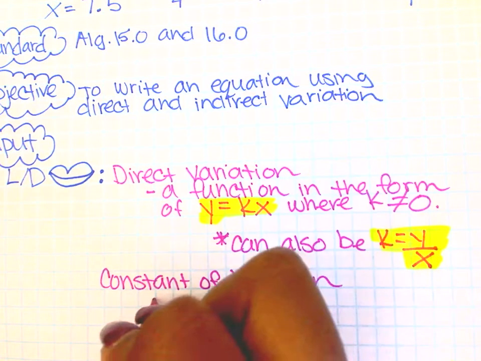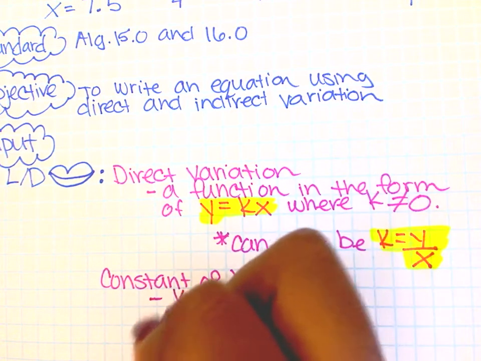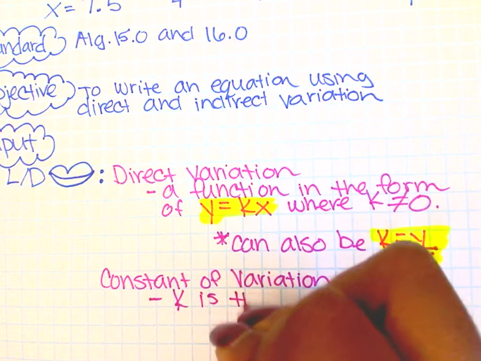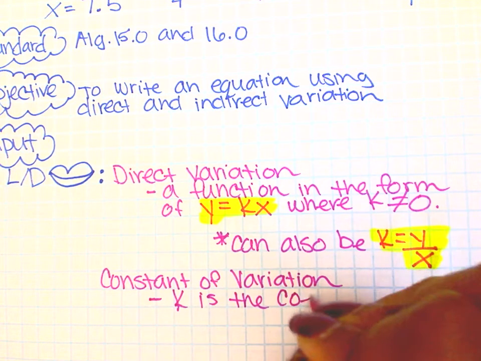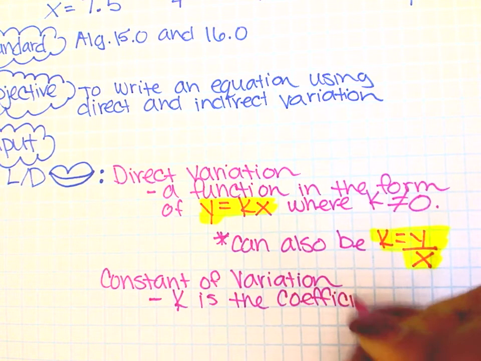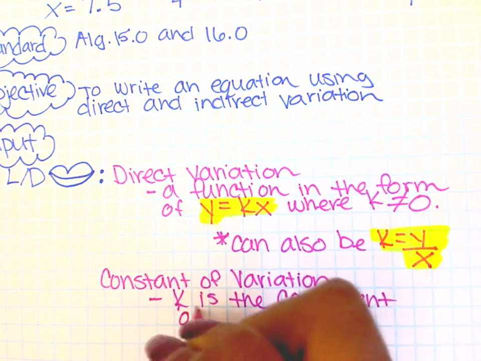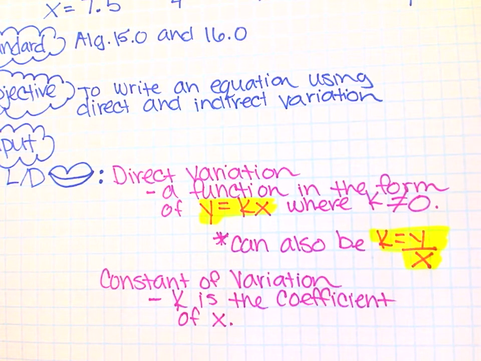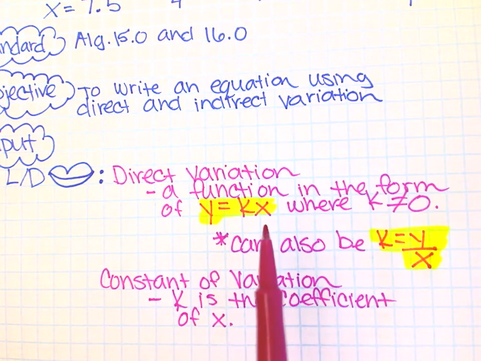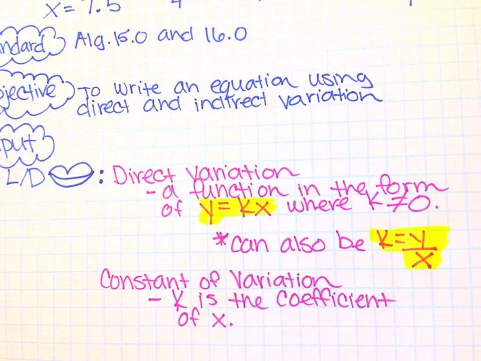So when we look at those equations, k is the coefficient or the constant of x. So we know that we have y, we know that we have x, and we know that we have k, which is the constant, the coefficient.